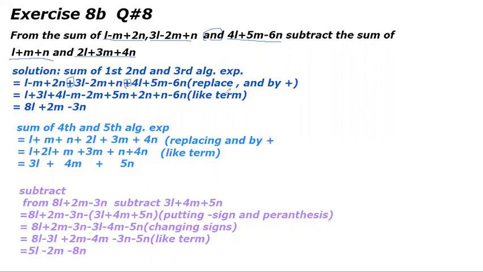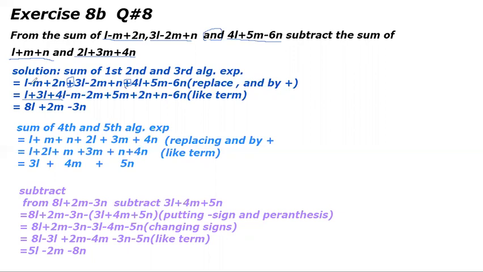Now what's the second step? Like terms. What does like terms mean? You can see I have written L, then plus 3L, and then plus 4L. I have written the like terms. Why are they like terms? Because L is called a variable, and L and L, their variable is the same, that's why these are like terms.